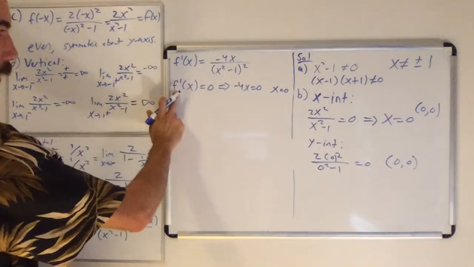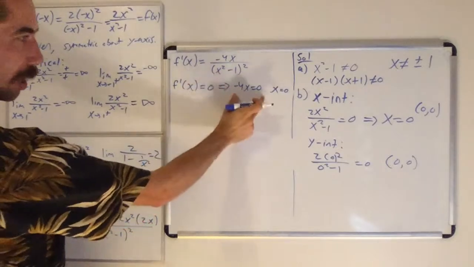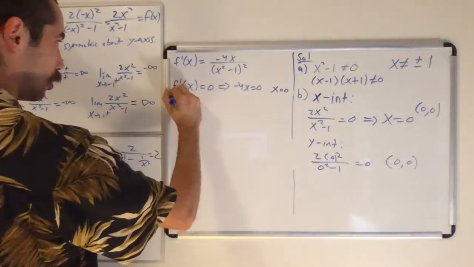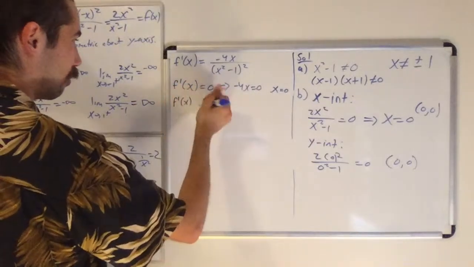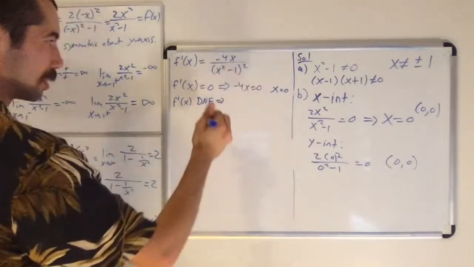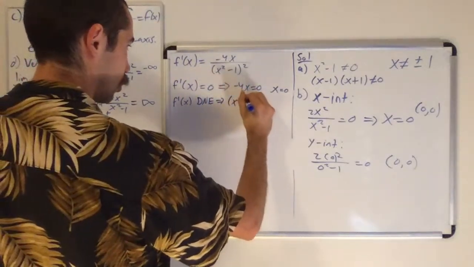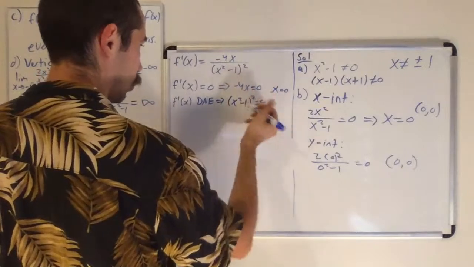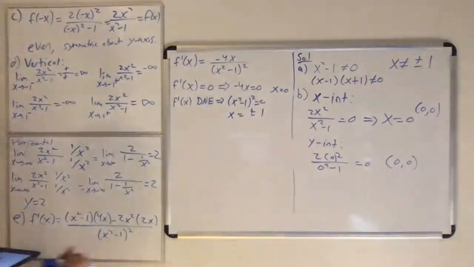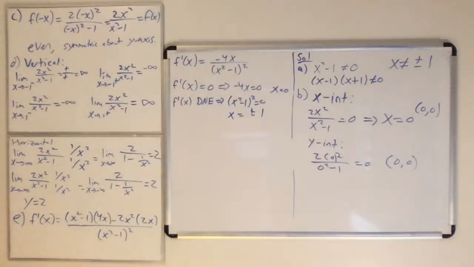Yeah, so when our derivative is equal to 0, that means the numerator is 0. And so in this case, x equals 0. When our derivative doesn't exist, that implies that the denominator is equal to 0, or x is plus or minus 1.